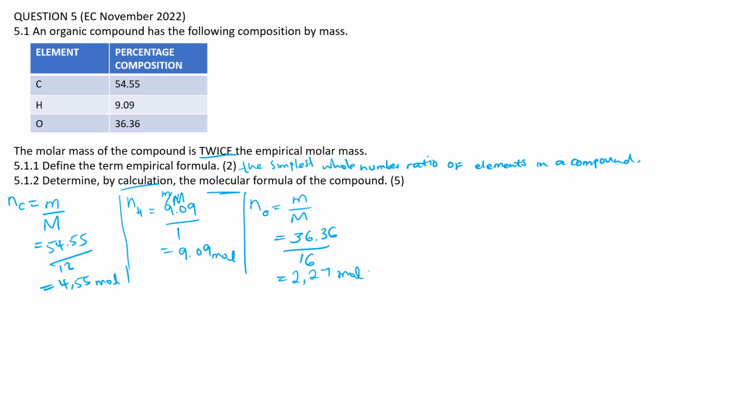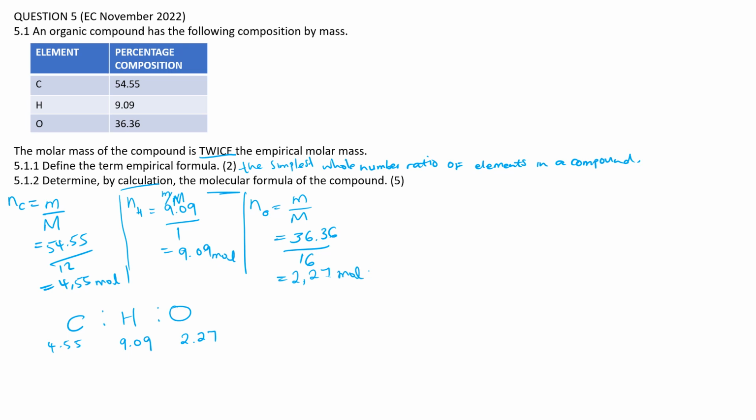Now that we've calculated the number of moles, the next thing we do is look at the lowest number of moles. In this case, that is the number of moles of oxygen. Remember, the number of moles of carbon is 4.55, that of hydrogen is 9.09, and that of oxygen is 2.27.